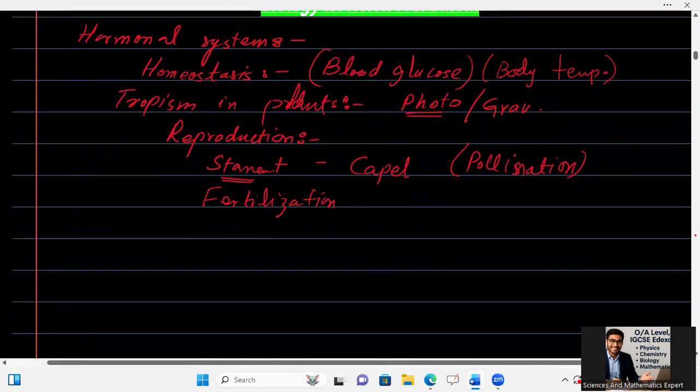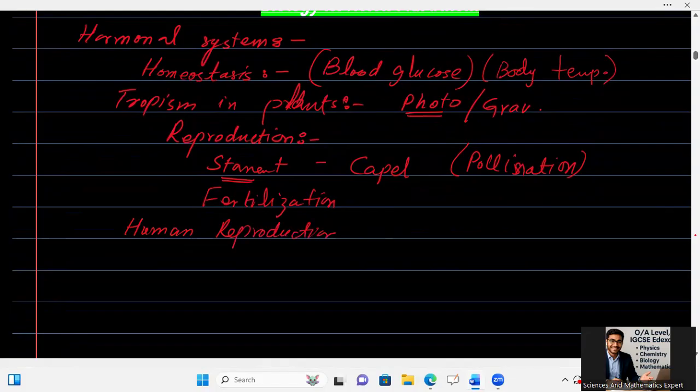When I go for the human reproduction system, I will say that male gametes are called sperms. They have a tail for swimming and are produced in the testes. Female gametes are eggs, which are large, contain food, and are produced in the ovaries.